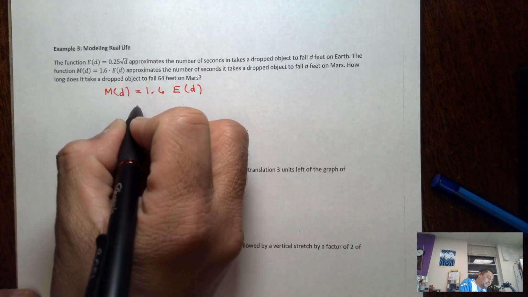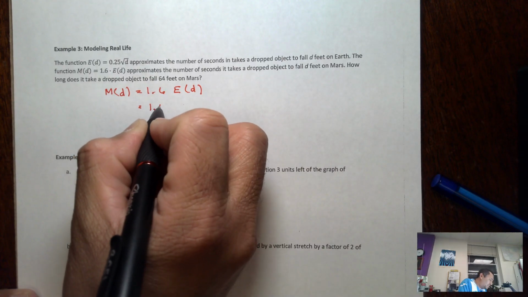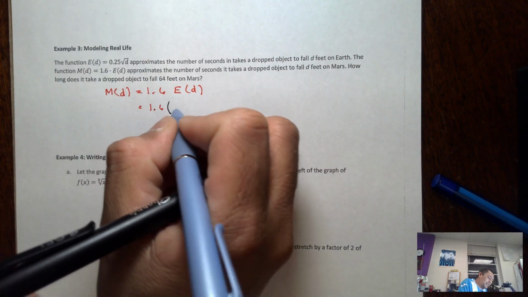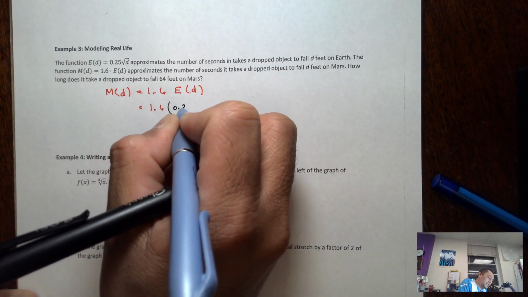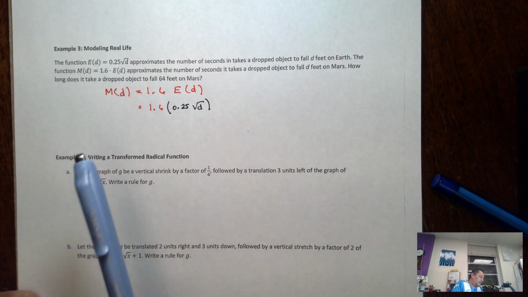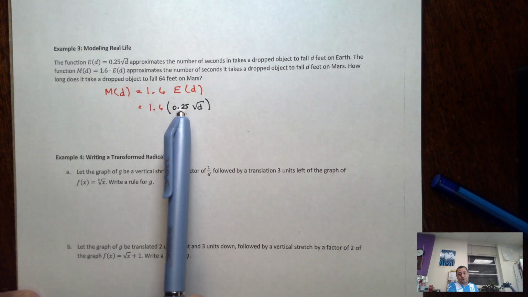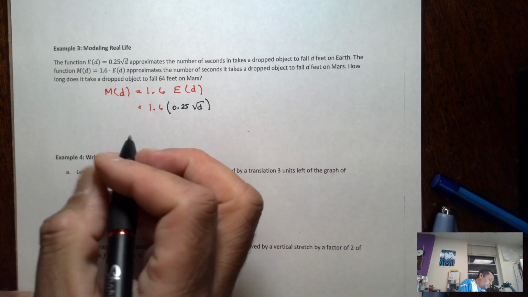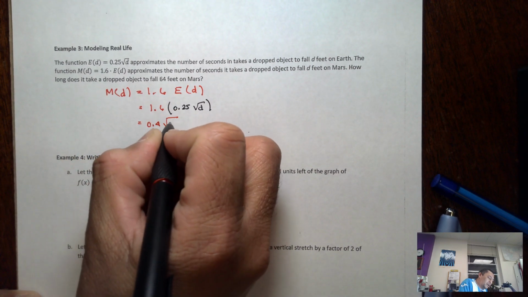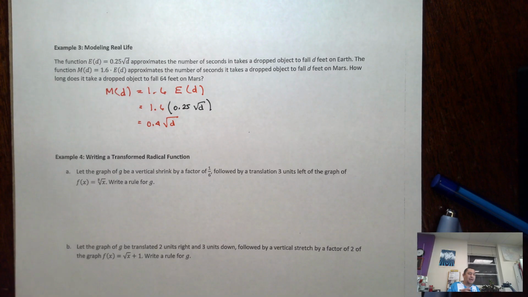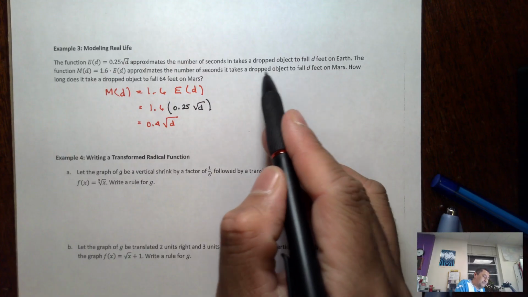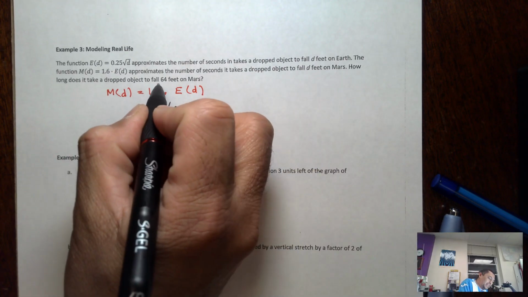So I'm going to make the substitution: 1.6 times, opening parentheses, 0.25 square root of d. If I multiply 1.6 times 0.25, that equals 0.4. So this equals 0.4 square root of d. And what is d? In this case, 64 feet, the number they are giving to us.